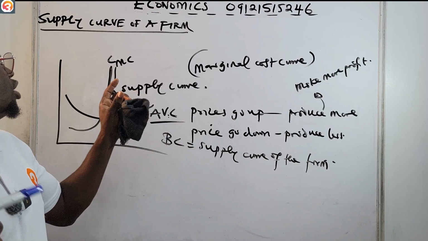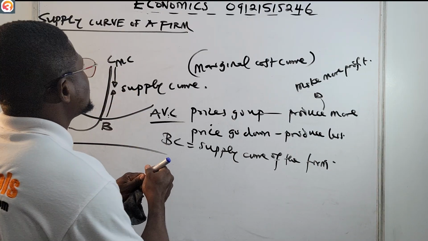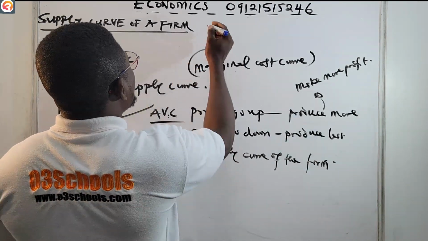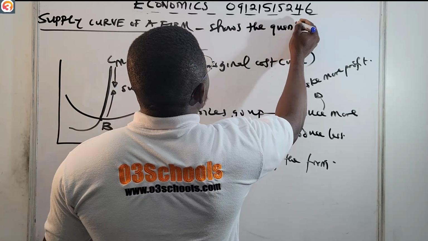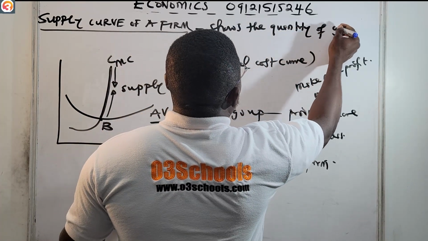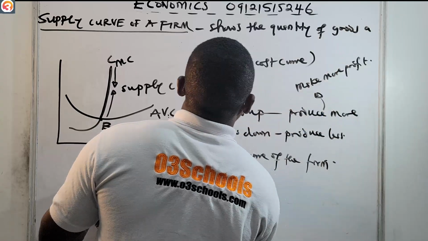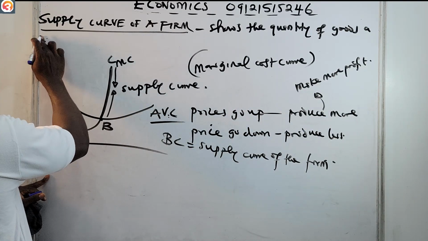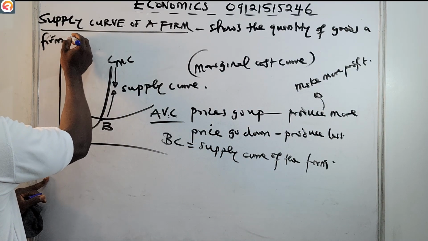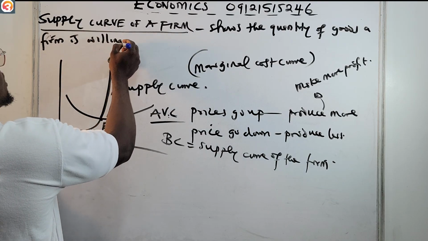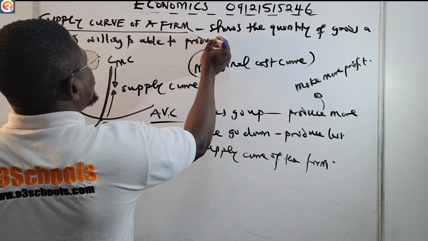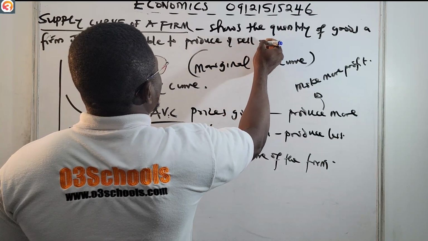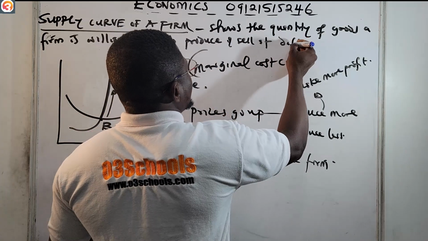Let me put the definition of supply curve on the board. The supply curve shows the quantity of goods a firm is willing and able to produce and sell at different prices.